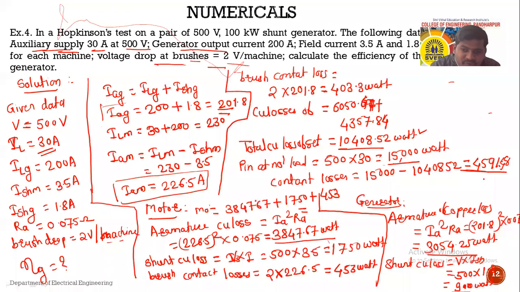If we divide by 2, याला जर मी डिवाइड बाय 2 केलं तर मला याच्यावरून कॉन्स्टंट लॉसेस ऑफ ईच मशीन मिळतील.